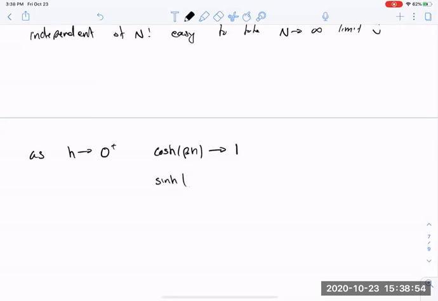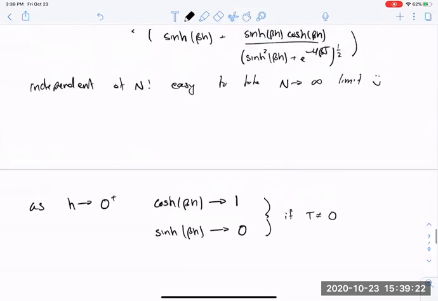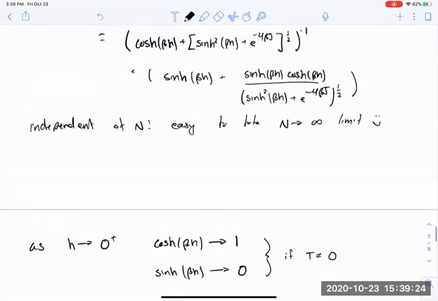Hyperbolic sine would go to 0. Both of those are true if beta is finite. If beta is not finite, something different would happen. Well, let's think about beta being finite first.